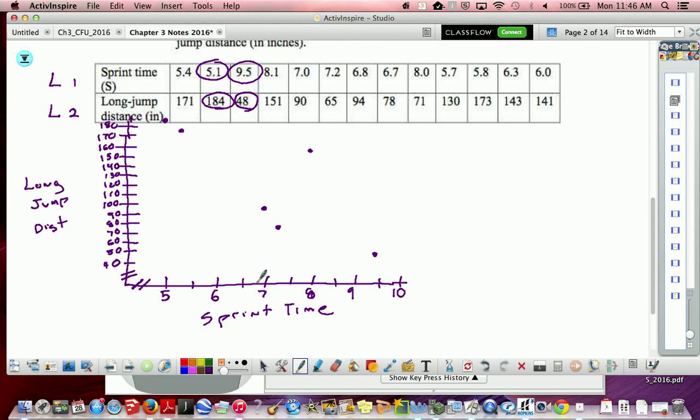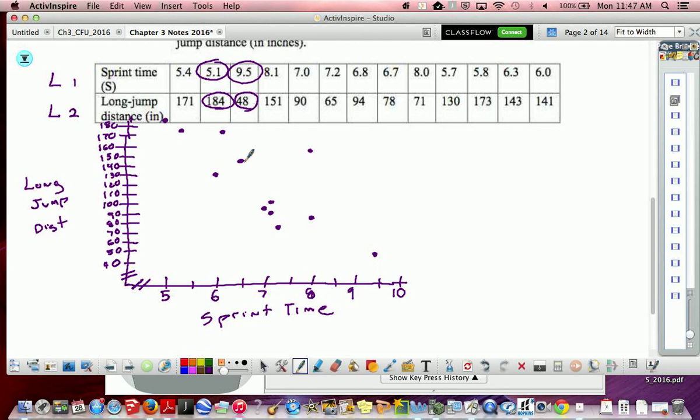6.8, 94. 6.7 and 78. 8.0, 71. 5.7, 130. 5.8, 173. 6.3, 143.